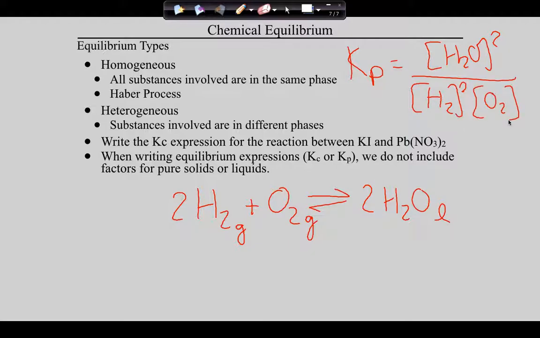But guys, these are gases. Oh gosh, no, sorry, this would be parentheses P, parentheses P, parentheses P. You get the idea. But guys, liquid water does not have a pressure. It's a liquid. So the Kp for this would actually not include this, and it would be 1 over the partial pressures of the reactants.